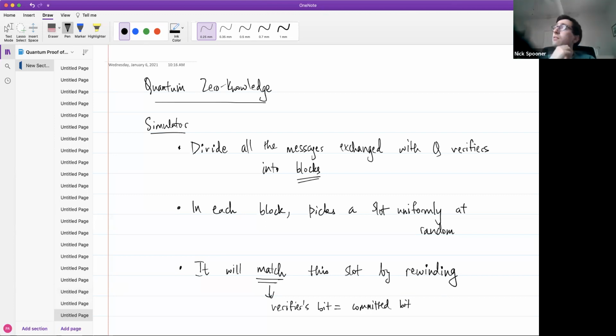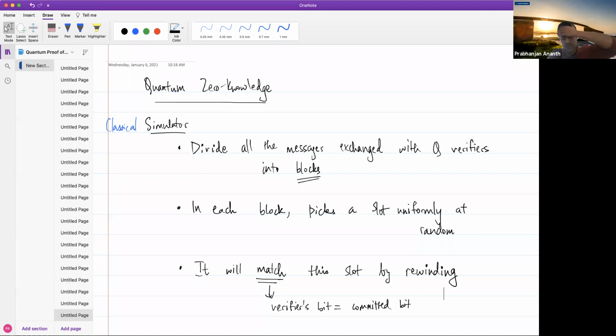Right. So the way I have described this is more of a classical simulator, right? That's what a classical simulator would do when it is interacting with a PPT verifier. But what the quantum simulator is going to do is essentially run the classical simulator in superposition, just like what was done in Watrous.